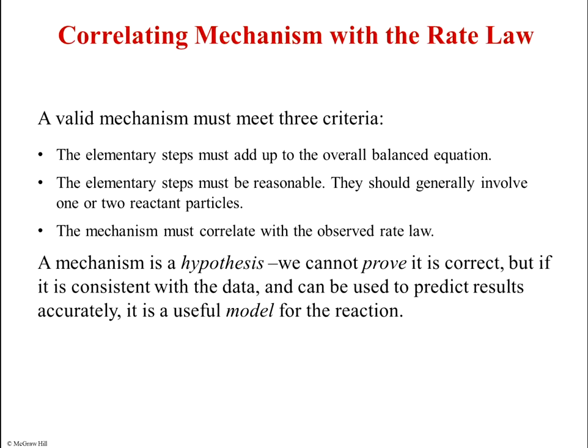They don't involve really complicated things like termolecular steps. And then the mechanism must correlate with the observed rate law. A mechanism, though, is only a hypothesis. We can't prove that it is correct, but if it's consistent with the data, we can use it to predict future results accurately. Then it becomes a useful model.